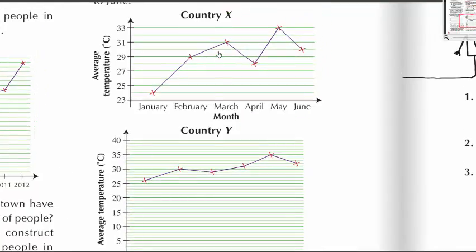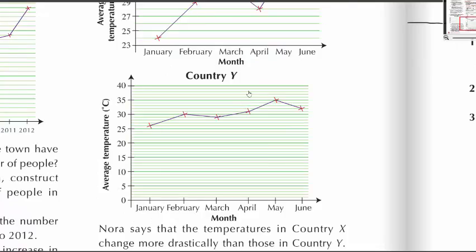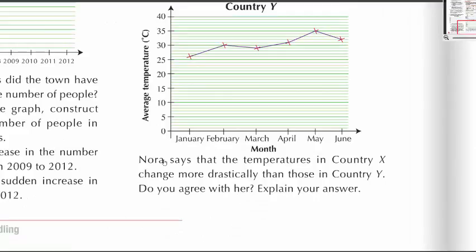So the range in both countries is about the same. Here is from 24 to 33. Here is from 26 to about 35. So of course, that would mean that Nora's conclusion is wrong.